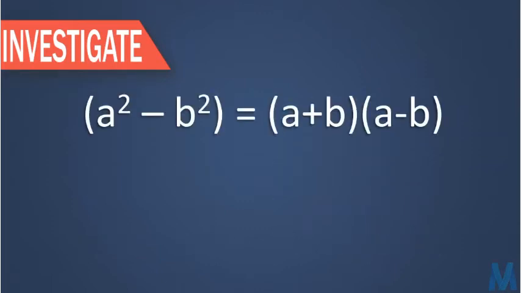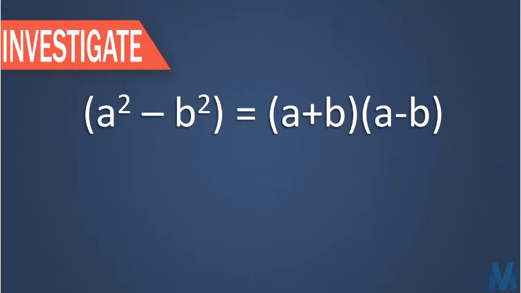If you can notice, our equation is composed of two sides. The left side, which includes a squared minus b squared, and the right side of the equal sign, which includes a plus b times a minus b.